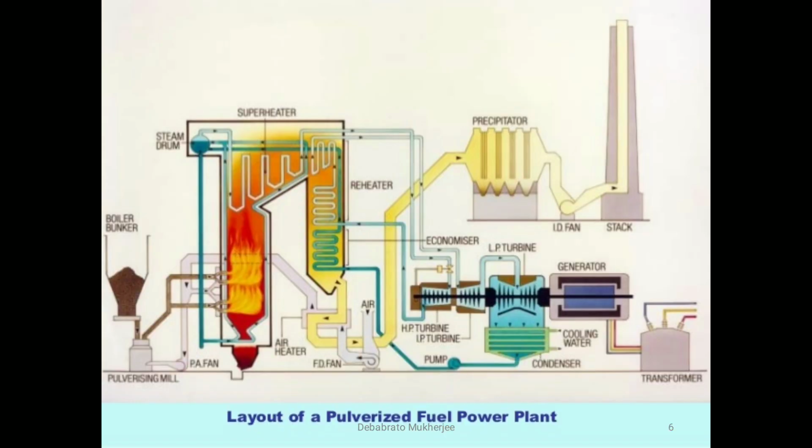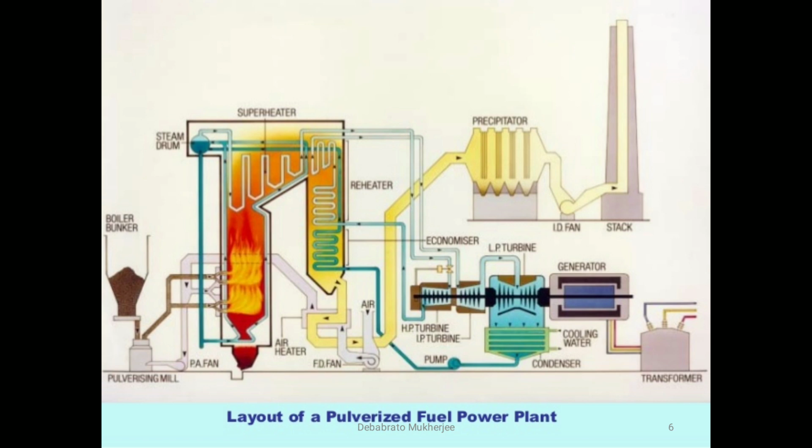This is a layout of a pulverized fuel plant. There you can see a boiler bunker where a pulverizing mill is on the bottom side. Through that, the fuel is given to the furnace where heating is done. There is a steam drum where the superheater tubes are. Through those tubes water is flowing and heating is done.